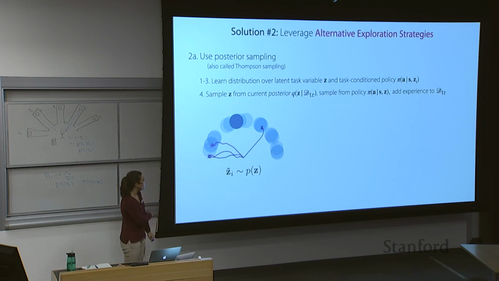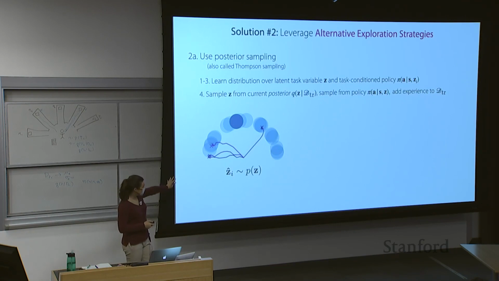What it will do in practice is first sample from z, and then run your policy for that sample. Once you do that 4 times, you'll get these 4 trajectories, and you see that it's sampling from the distribution of tasks.